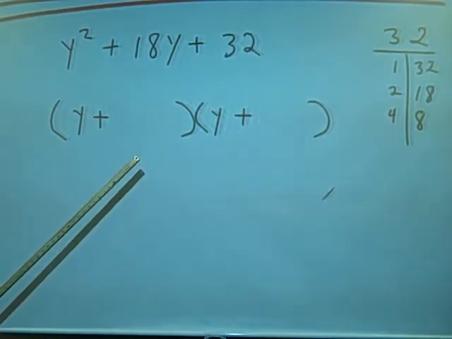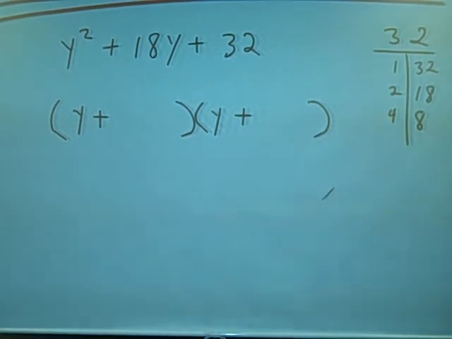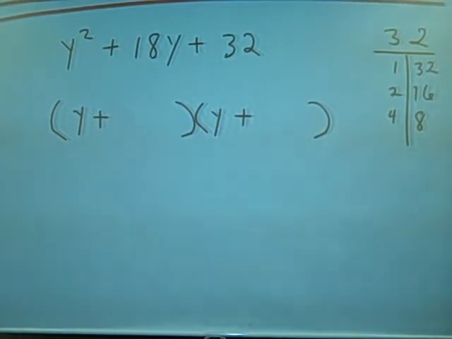So what two factors will add, or this should be 2 and 16 here, not 2 and 18. It should be 2 and 16. So what two set of factors will add to give us 18? 2 and 16. So you see, knowing that you either have to add or subtract really narrows down pretty quickly to the set of factors.